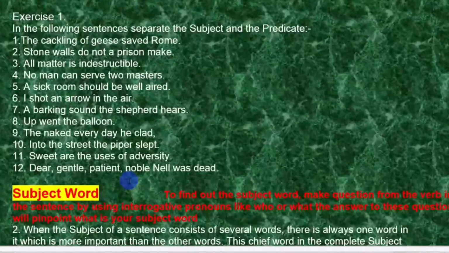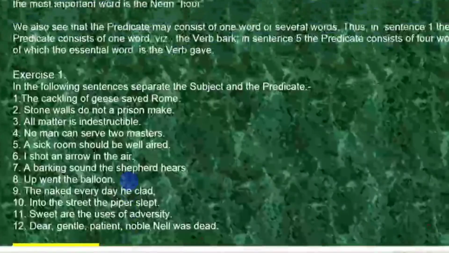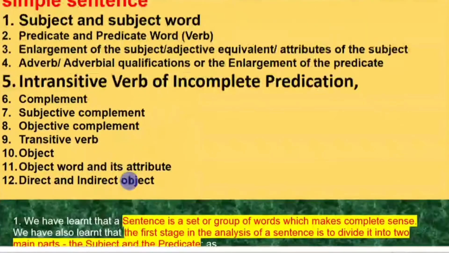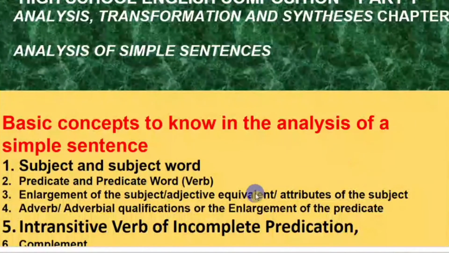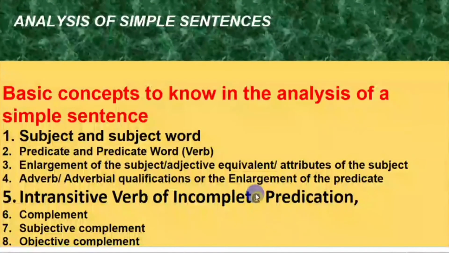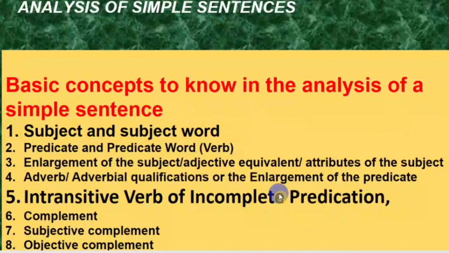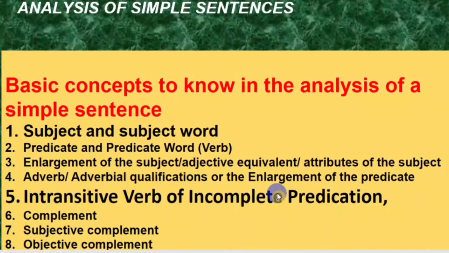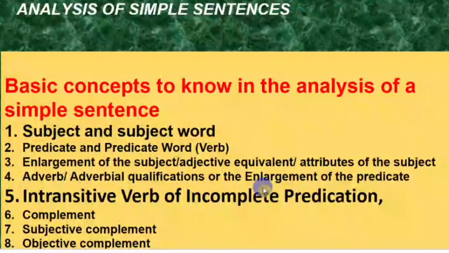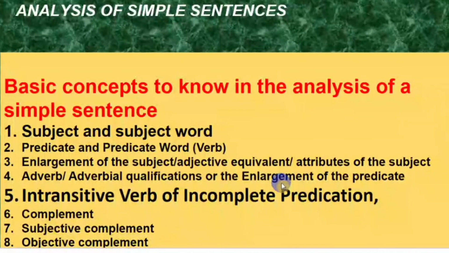So that is how, students, as far as this first lesson is concerned, we have understood the concept of subject and subject word, and we have also understood the concept of enlargement of the subject and the enlargement of the predicate as well. I must say that we have not talked a lot about the enlargement of the predicate, but the most important thing is that a predicate always starts with the verb.